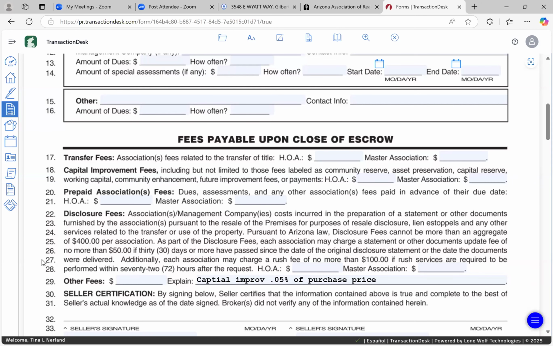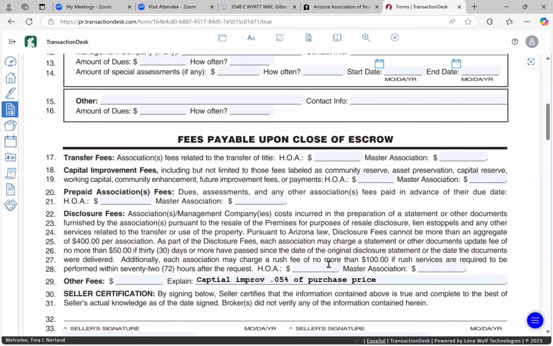As part of the disclosure fees, each association may charge a statement or other documents update fee of no more than $50 if 30 days or more have passed since the date of the original disclosure statement or the date the documents were delivered. Additionally, each association may charge a rush fee of no more than $100 if rush services are required to be performed within 72 hours after the request.